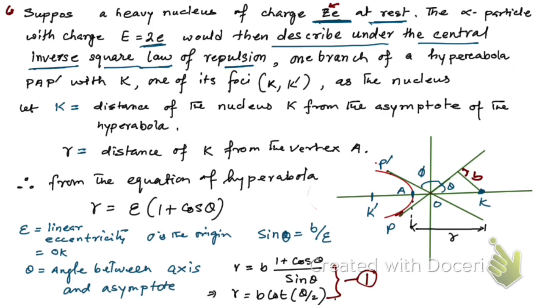Under this force of repulsion, because the alpha particle is positively charged and the nucleus is also positively charged, the nucleus is at this point, which is one focus of this hyperbola. A hyperbola has two foci.